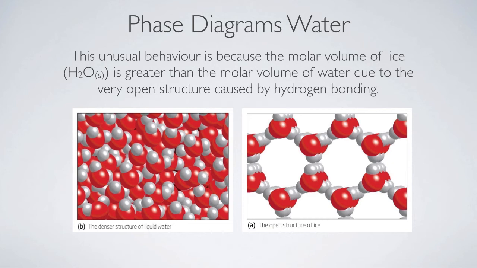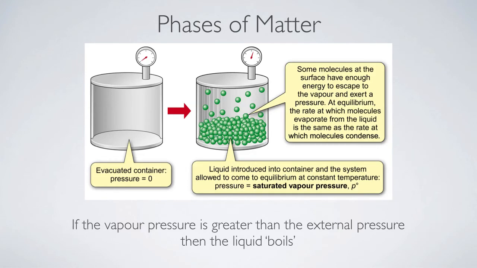That hydrogen bonding network gives a very, very open molecular structure, which means that ice is less dense, and you will see, or hopefully remember, that the phase change is related to a molar volume.